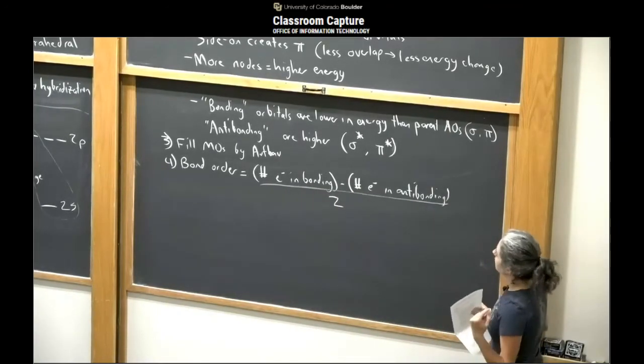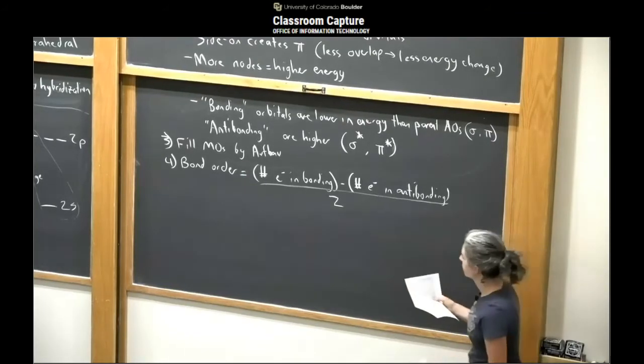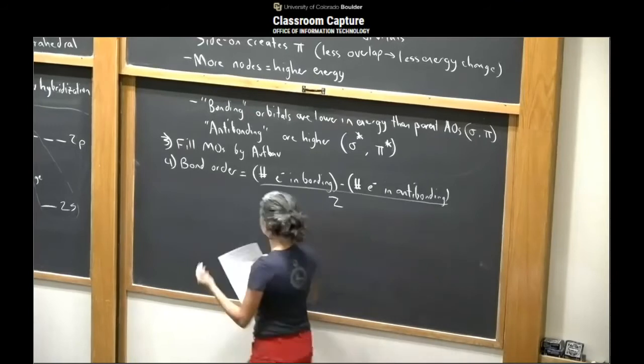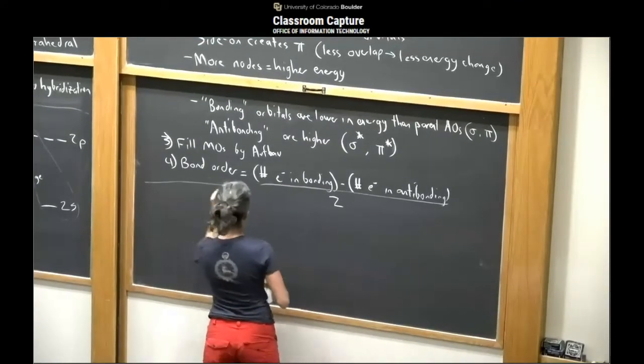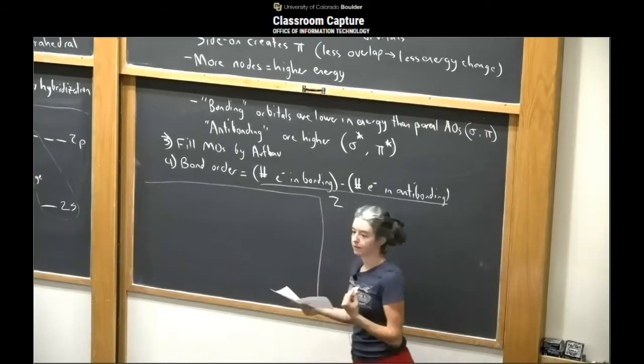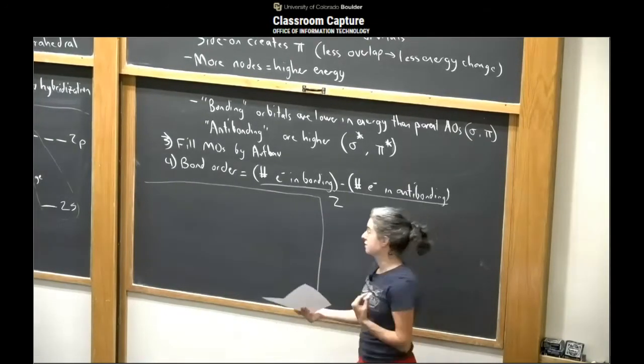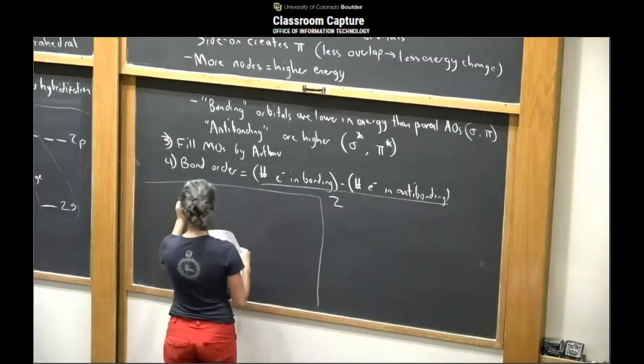Okay, so let's actually start doing something with this. I think, yeah, I have room down here. Let's do an MO diagram for the simplest molecule we could possibly come up with, H2, hydrogen gas.